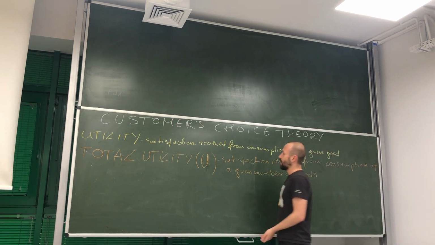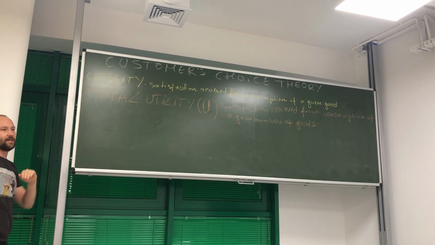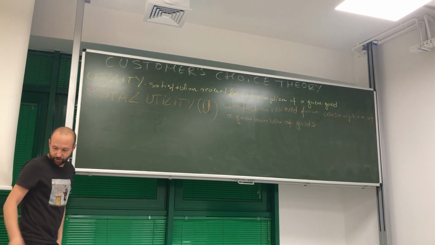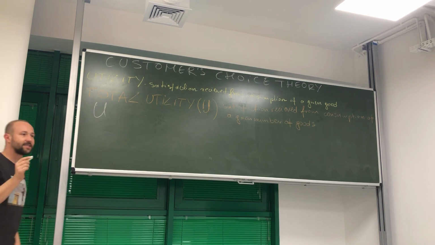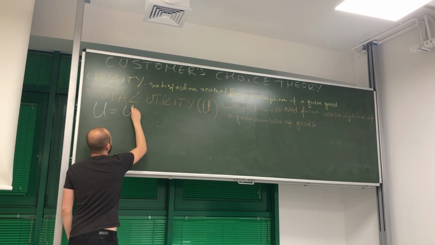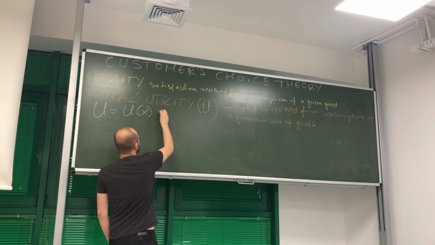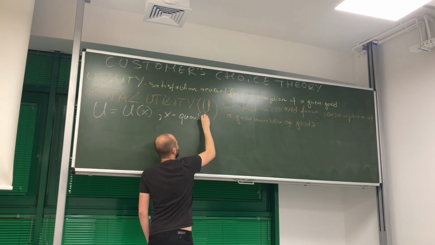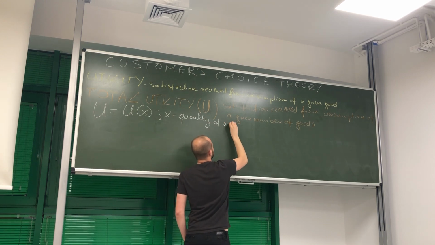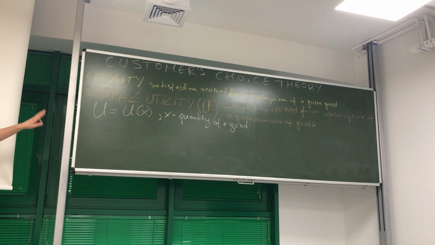But look, this allows us to mathematize this a little bit. First, I can introduce here utility as a function of x. And in our case, x denotes here quantity of a good.